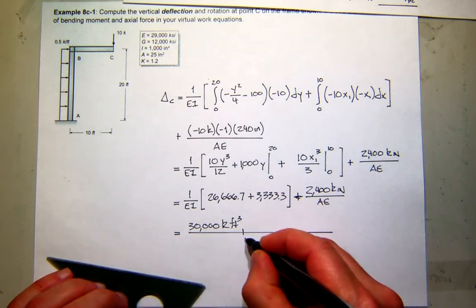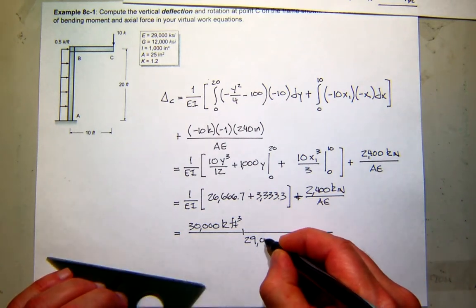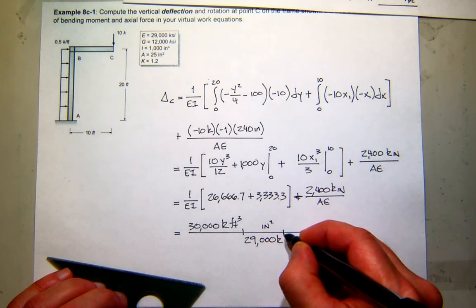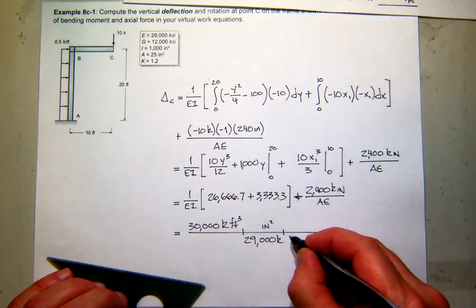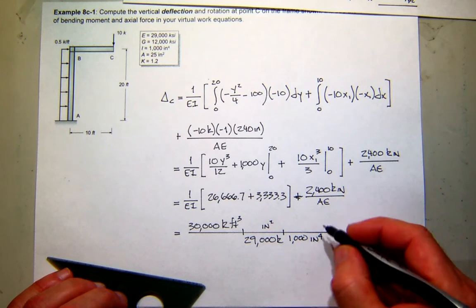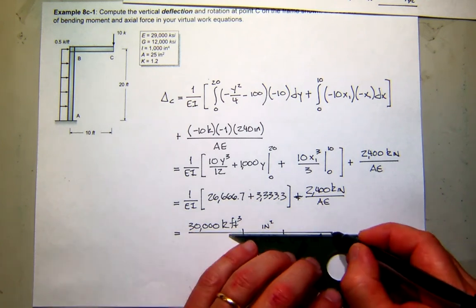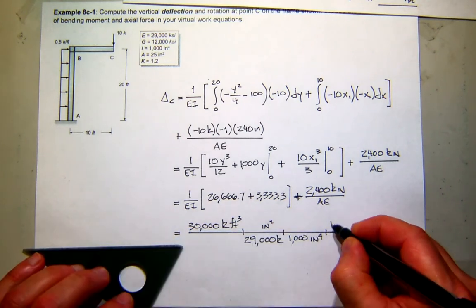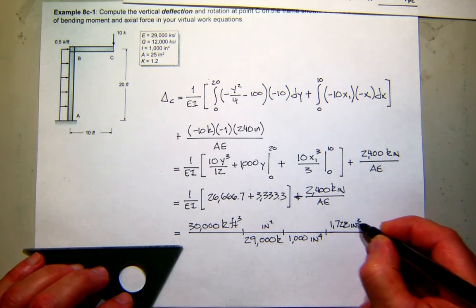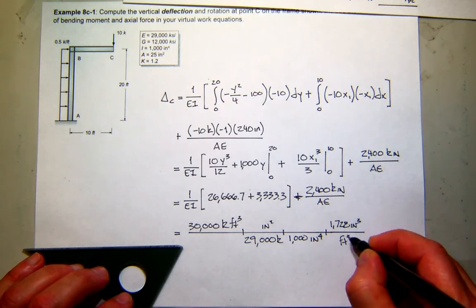We're going to divide by 29,000 kips per inch squared, divided by I, ooh, that's big, 1,000 inches to the fourth, and then we have to convert that, right? 1728 cubic inches in a cubic foot.